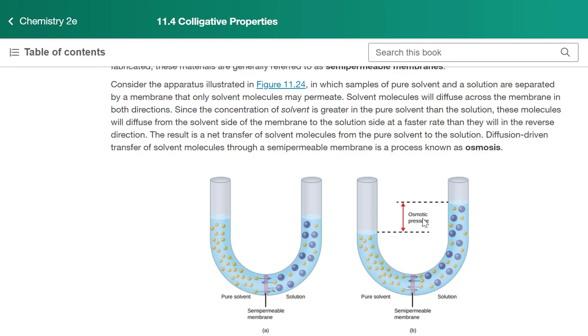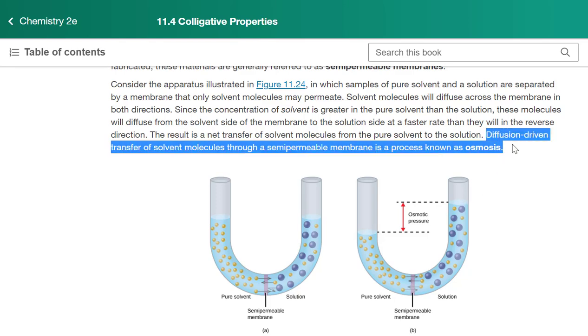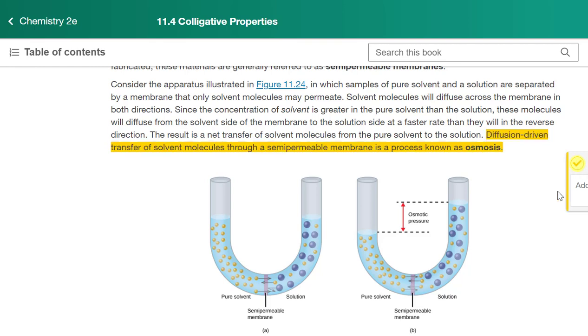So this is called osmosis, and let me go ahead and highlight this. It's a diffusion-driven transfer of solvent molecules through a semi-permeable membrane, and we call that process osmosis. There's a lot of detail in the process itself that we're not getting into here, but what you want to understand is that we're moving towards trying to make them equal in this process.